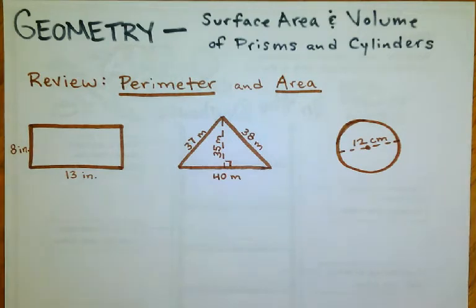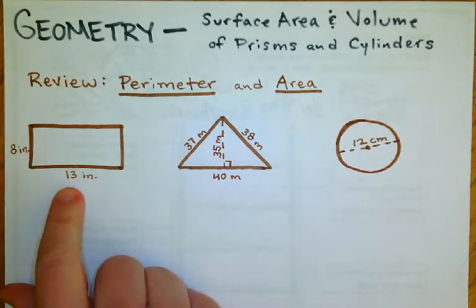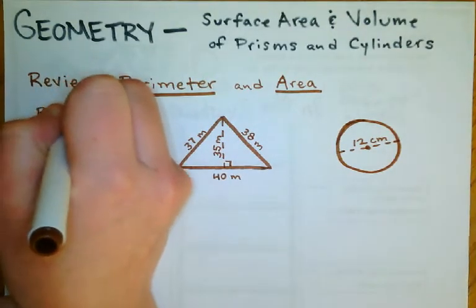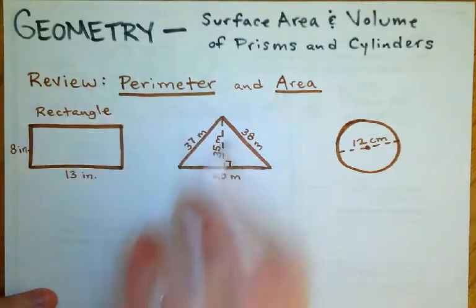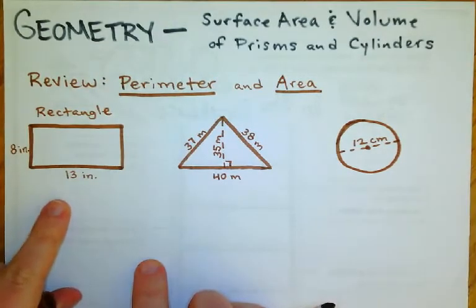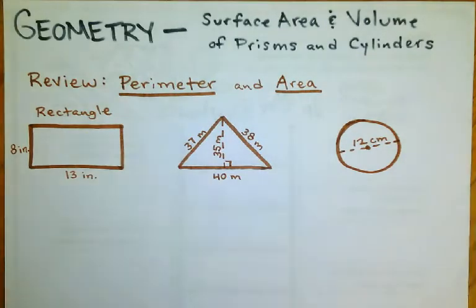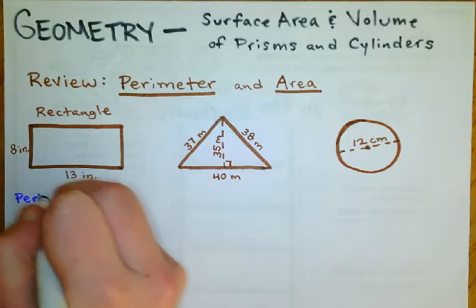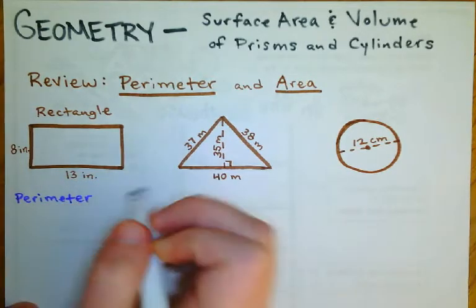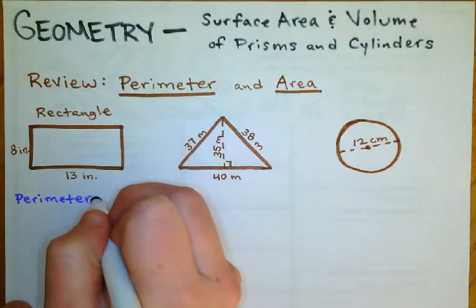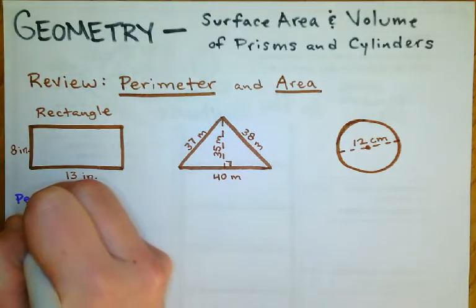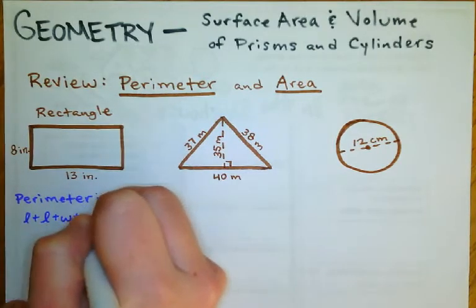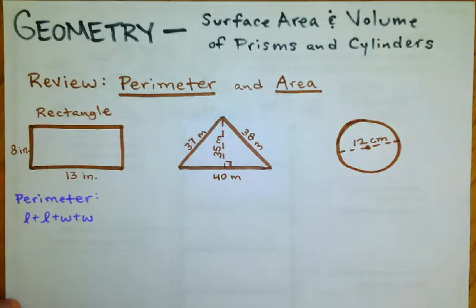So real quickly, just a refresher, this shape is a what? Is a rectangle. And if we want to find the perimeter here, our perimeter, remember, is when we add all the sides. So we are going to take length plus width to get our perimeter.